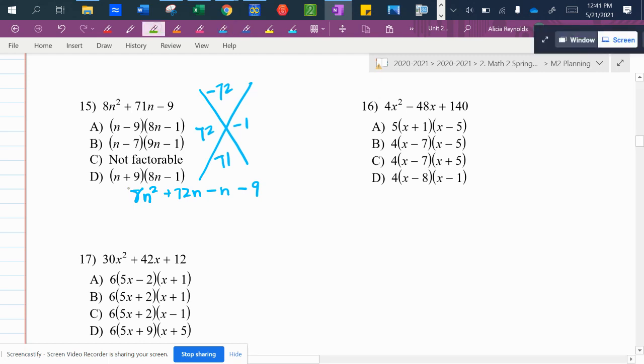It only changes what our GCF and our remaining factor pair are, just switches them. So here my GCF is 8n, and I'm left with n plus 9. And if I need n plus 9, I need to take out negative 1. So I get 8n minus 1 times n plus 9.